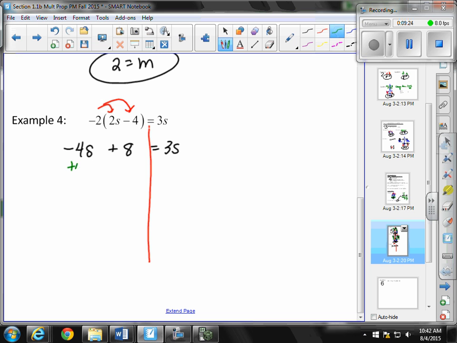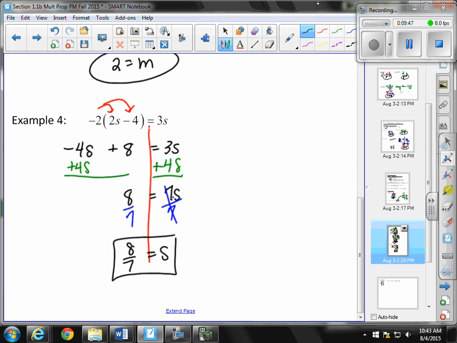I'm going to add 4s to both sides of my equation. 8 equals 7s. And my multiplication principle says 7 times s, I need to divide by 7 to get s by itself. And I have 8 sevenths equals s. Final answer.